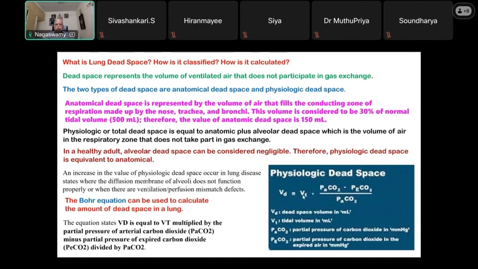You have to multiply the tidal volume with PaCO2 minus expired CO2 divided by PaCO2. This formula you have to remember. Earlier it was alveolar carbon dioxide in the original Bohr equation, and Enghoff is the person who modified it, changing alveolar to arterial. Okay.